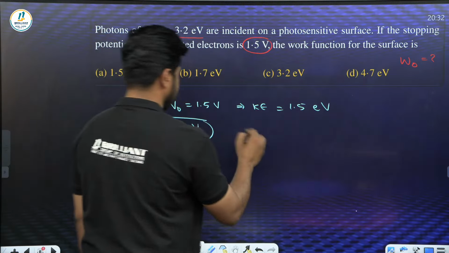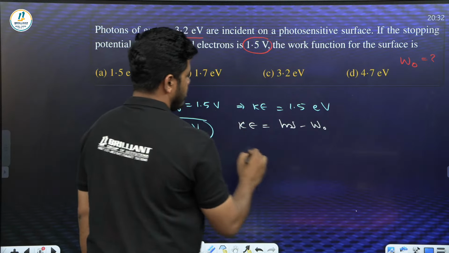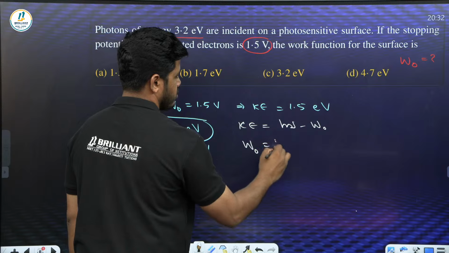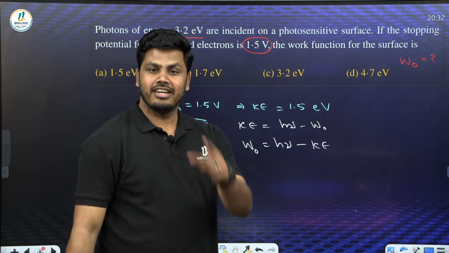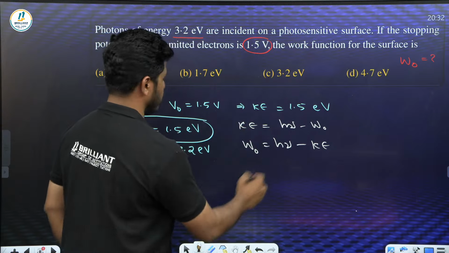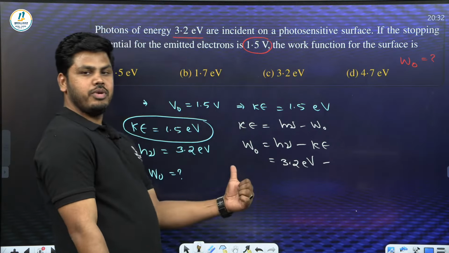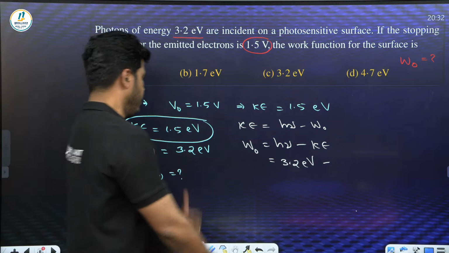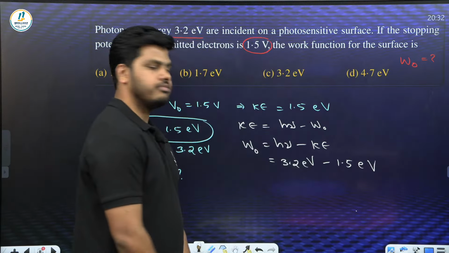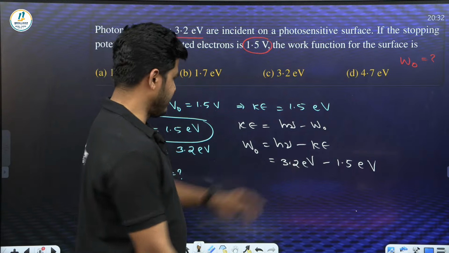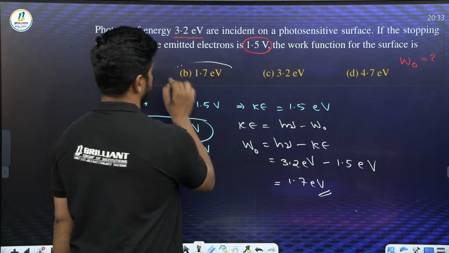We know kinetic energy is equal to h nu minus work function, so the work function is incident energy minus kinetic energy. Incident energy is 3.2 electron volt, minus the kinetic energy we found from the stopping potential, 1.5 electron volt. So that will be 1.7 electron volt, which is given as option B.